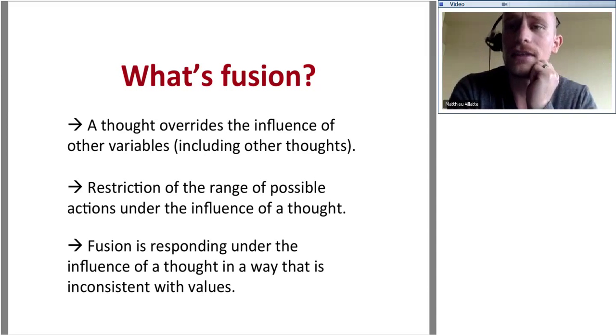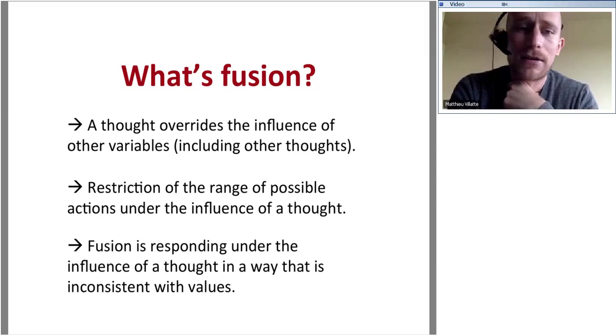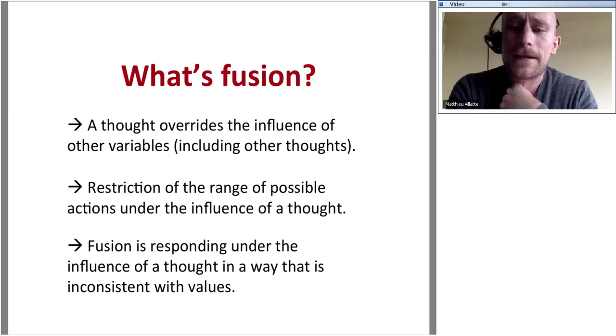So on the inflexibility side, we talk about avoidance, attachment, fusion, loss of contact with the present moment, lack of values, etc. So fusion, well, I would say that there are 3 main aspects in fusion.